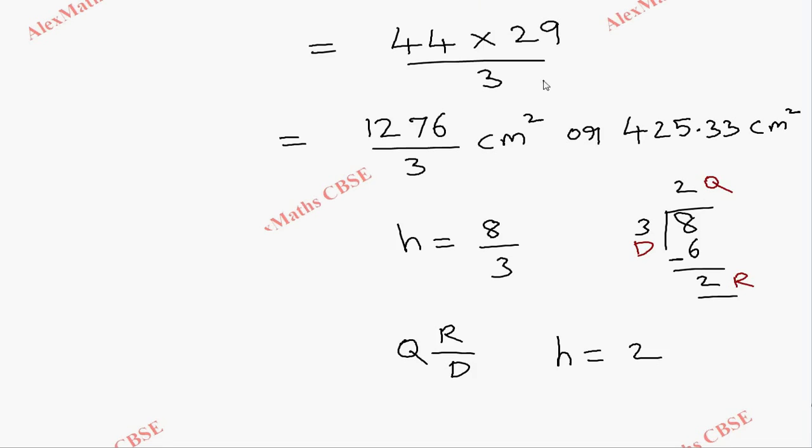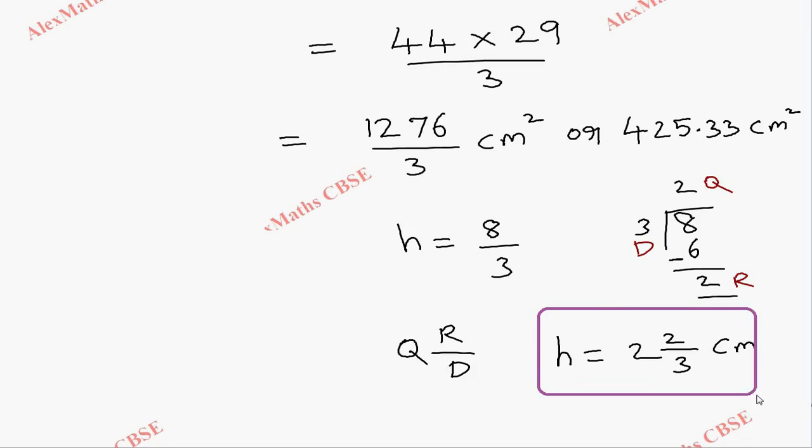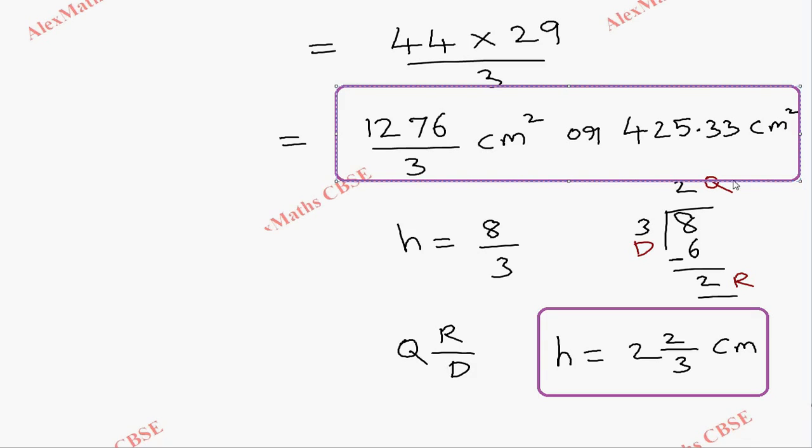So after writing in the QR by D form, it is 2 2 by 3 centimeter. So in this problem, we found both the height and the total surface area of the solid cylinder formed.